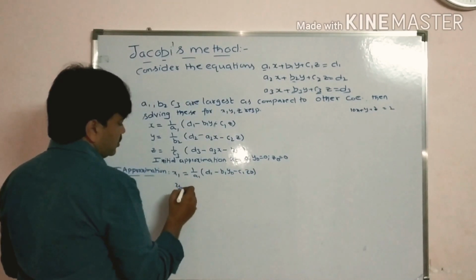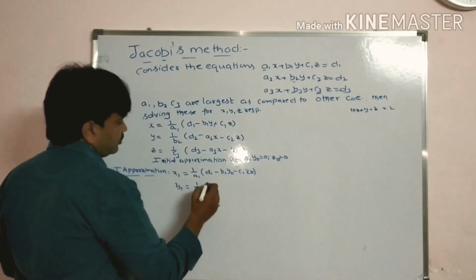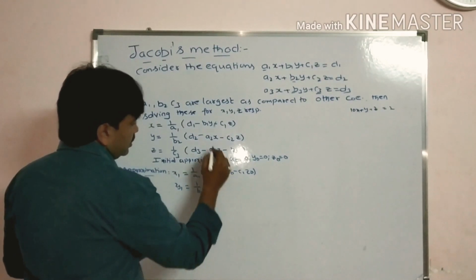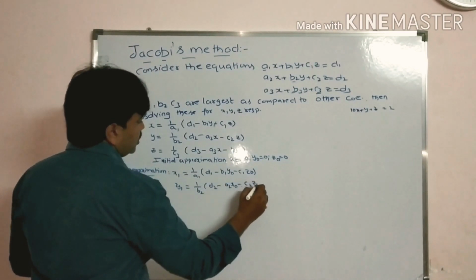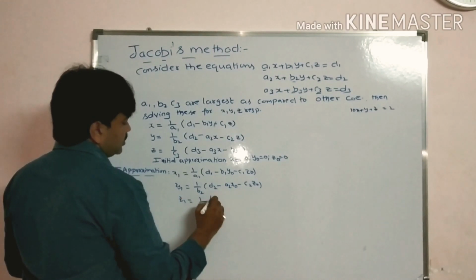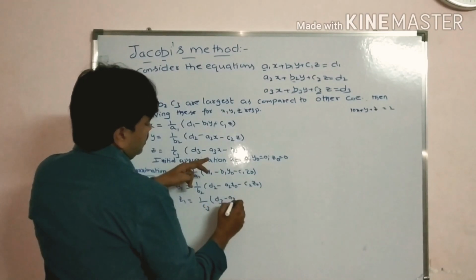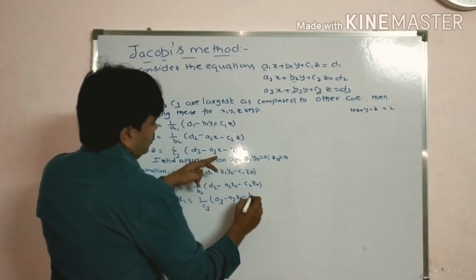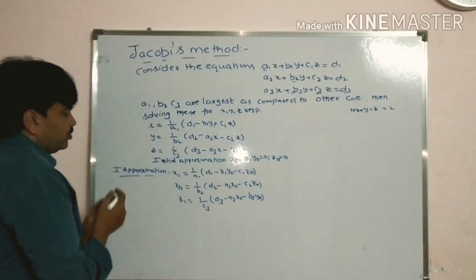Similarly, y1 is equal to 1 by b2 into d2 minus a2 x naught minus c2 z naught. z1 is equal to 1 by c3 into d3 minus a3 x naught minus b3 y naught. This is the first approximation, students.